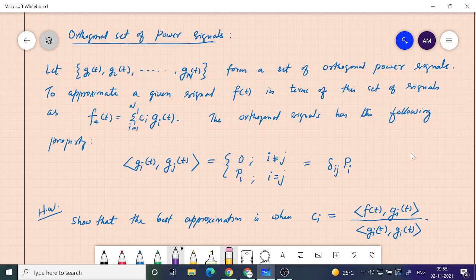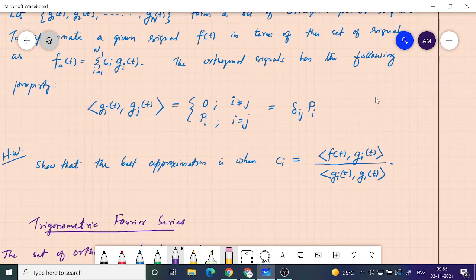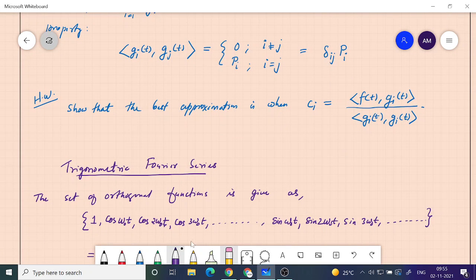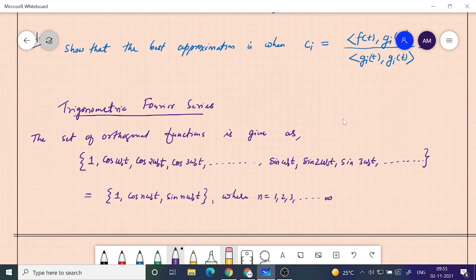Like that it goes on. So we are specifying the functions, and depending upon what functions form the orthogonal set, we can have different kinds of approximation. Is that clear to you?